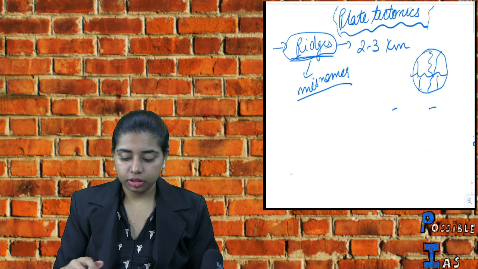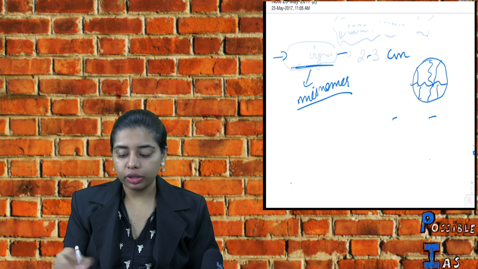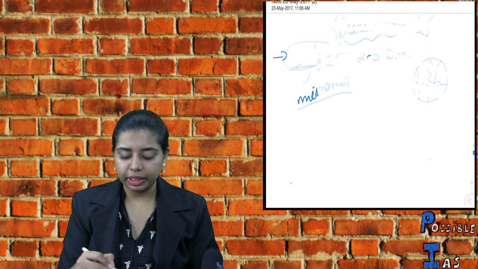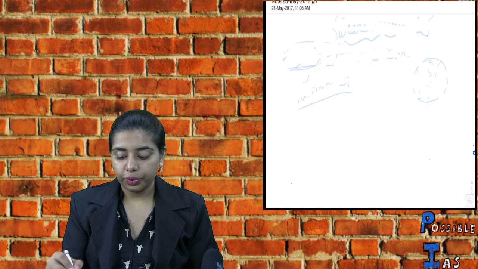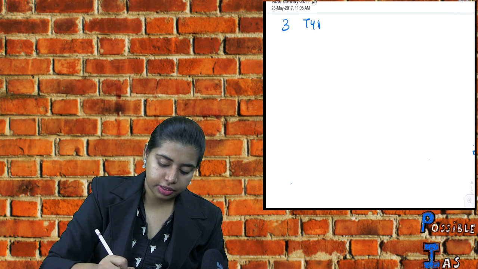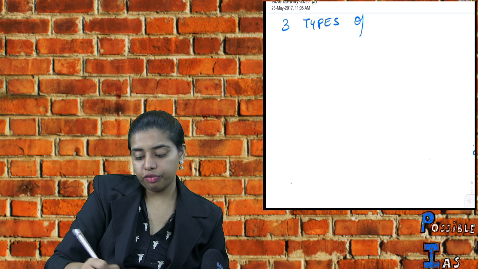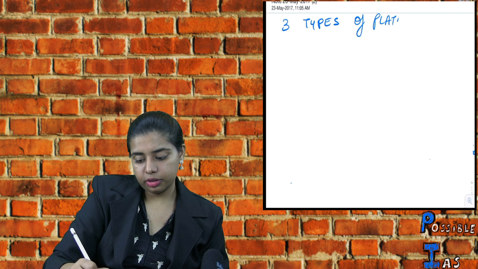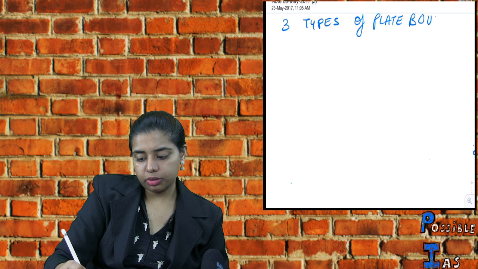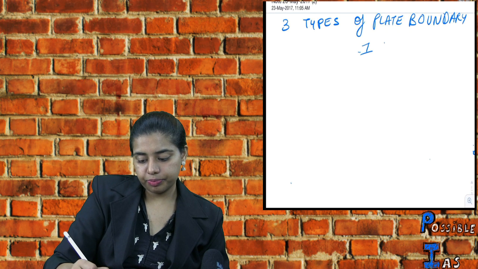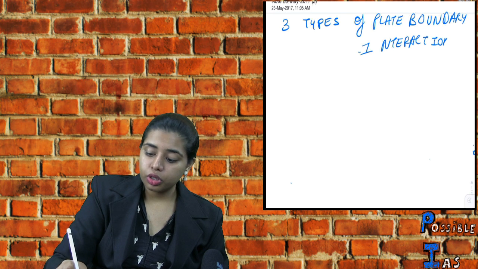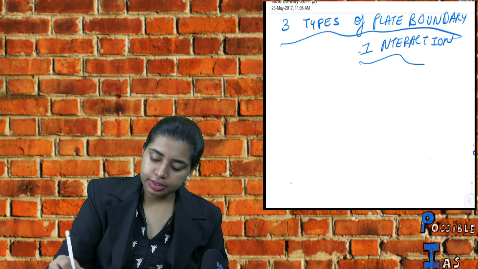So because of that, based on that, there are different types of plate boundary interactions. Okay, so there are 3 types of plate boundary interactions. So what are these interactions?